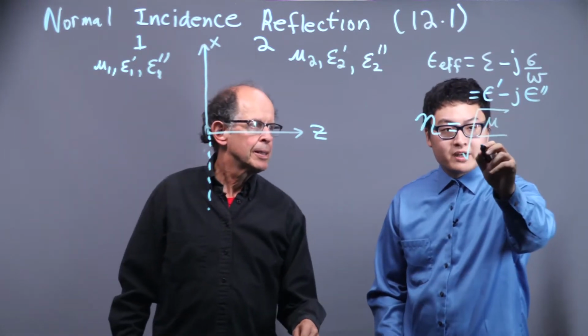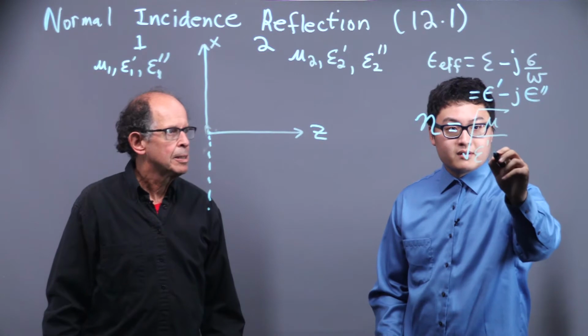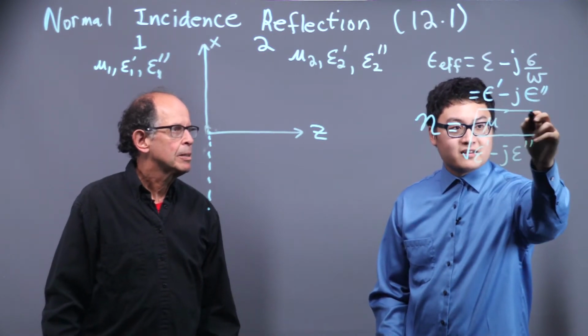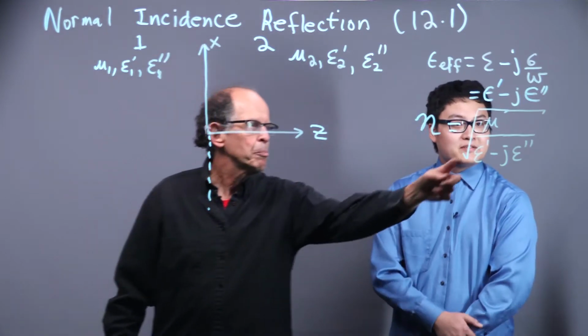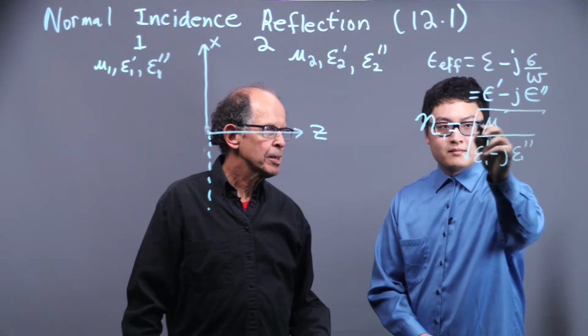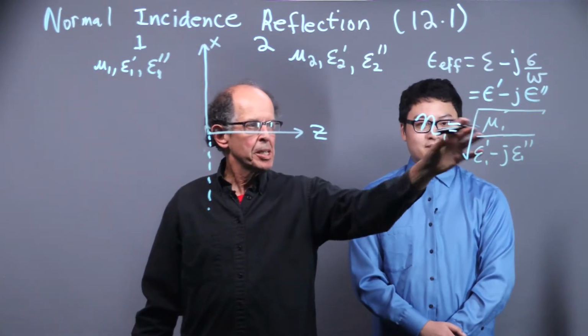Do we write in the new notation? Yeah, new notation, epsilon prime. And if only we had more letters to use, right? So put a 1 or a 2 there so we can always keep in mind which side of the boundary we're on. So there we are, and the same for 2.